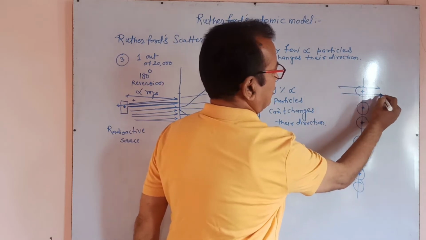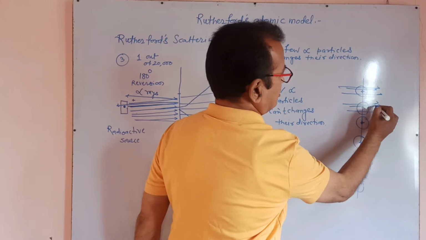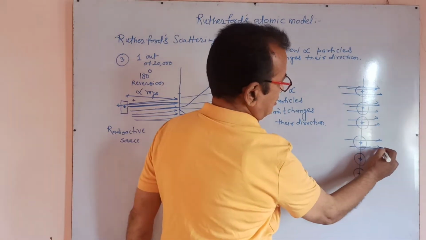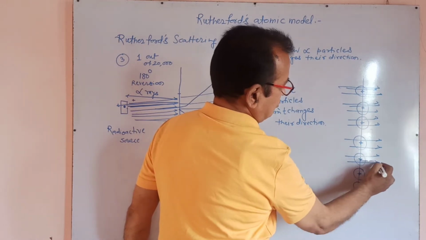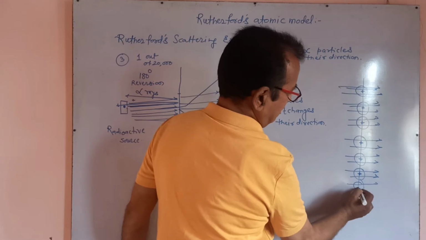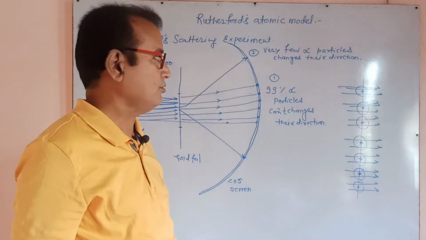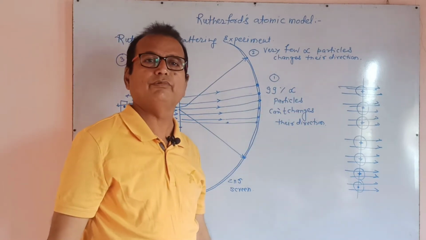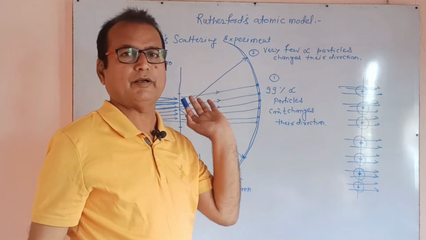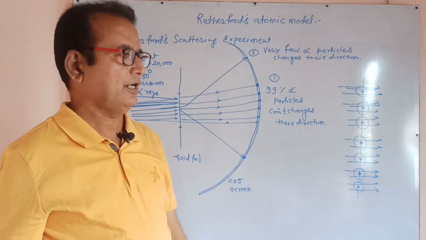Most alpha particles go straight through, because they cannot change their direction, since the region is mostly empty. In this region, no hard space is there. The maximum amount of the region is empty, so all alpha particles pass through that part.